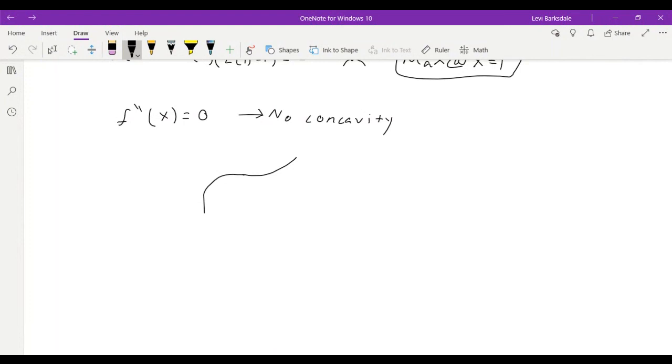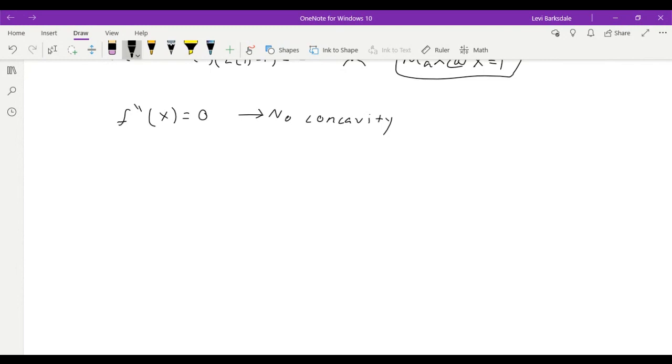It can look a lot of different ways. You can think of your sine function, where it happens at x equal to pi, or with a lot of cubic functions, it's always going to happen somewhere in the middle, or with various other polynomials. It's just wherever the second derivative is equal to 0, that's where you have a chance of having a concavity change.